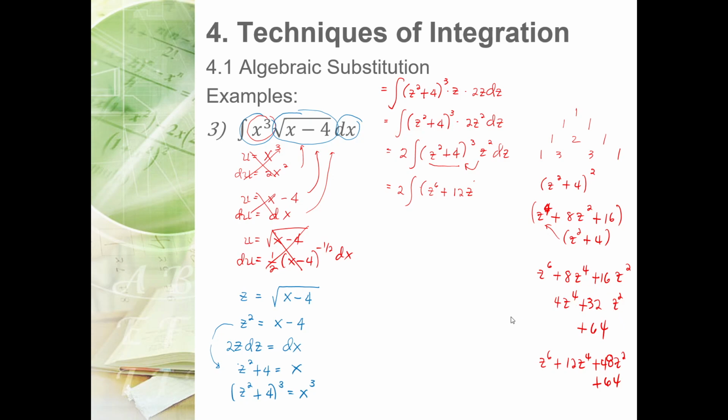So that's correct. So we have z to the power of 6 plus 12z to the power of 4 plus 48 z squared plus 64. So let's try to erase.